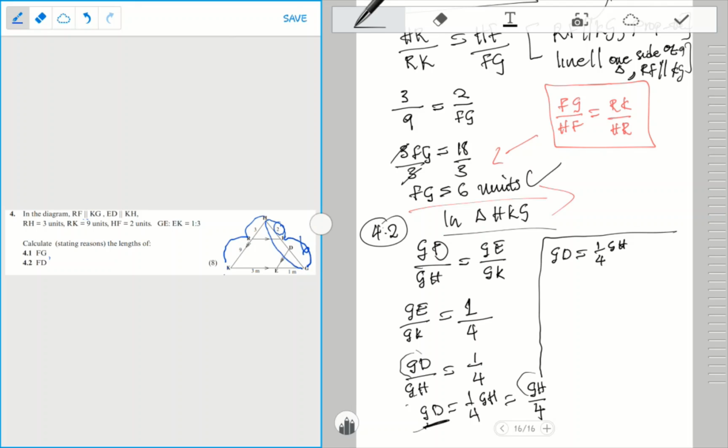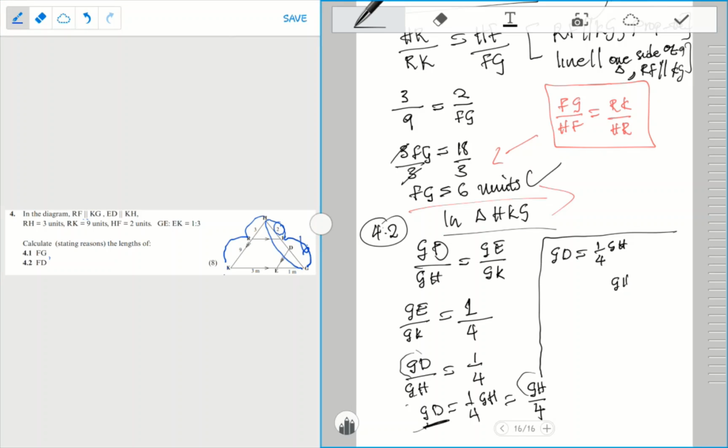So HG is 6 plus 2, which is 8, meaning that HG is equals to 8. So we need GD. We now say GD is equals to 1 over 4 multiplied by 8. This is equals to 8 divided by 4, which is equals to 2.